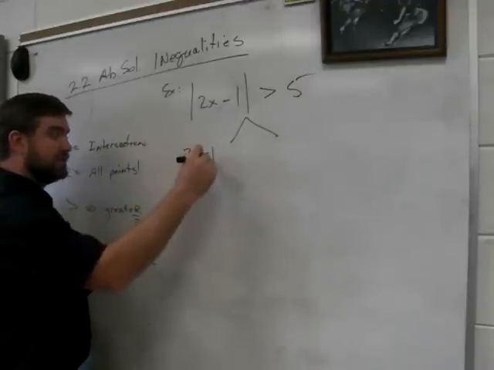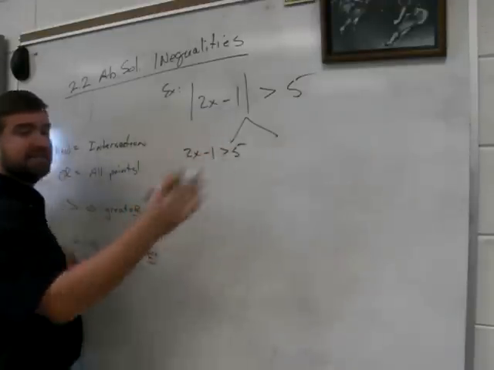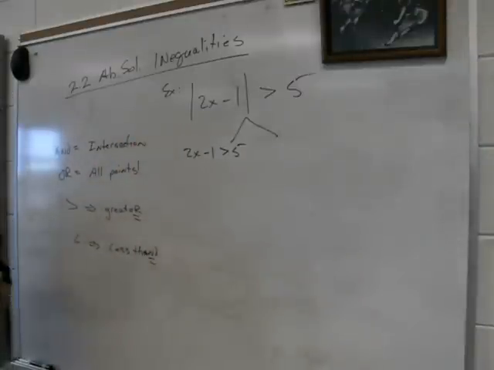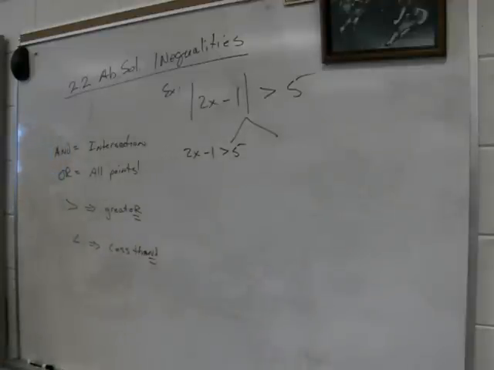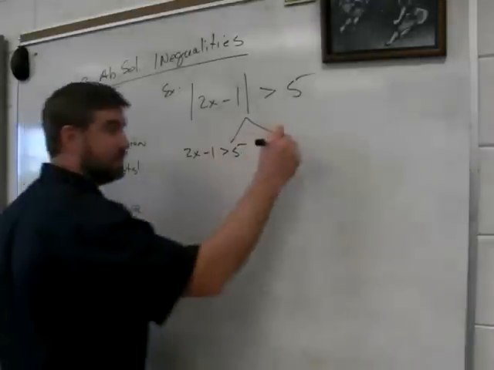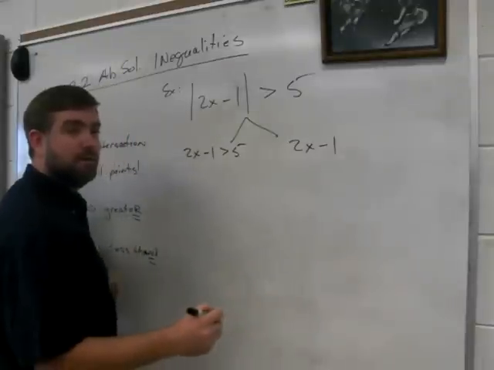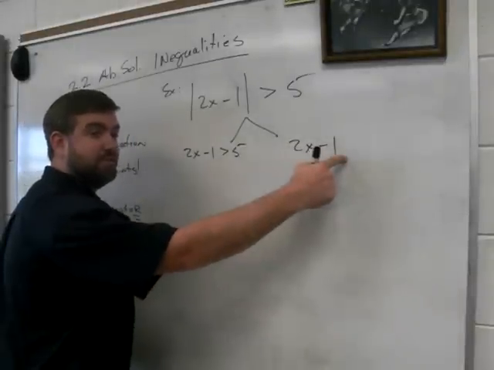Over here, I got 2x minus 1 is greater than 5. Everything's the same. I drop the absolute value bars and write it down exactly the same. 2x minus 1 is greater than positive 5. On the other side, I'm going to say 2x minus 1, but I'm going to do what with the symbol?